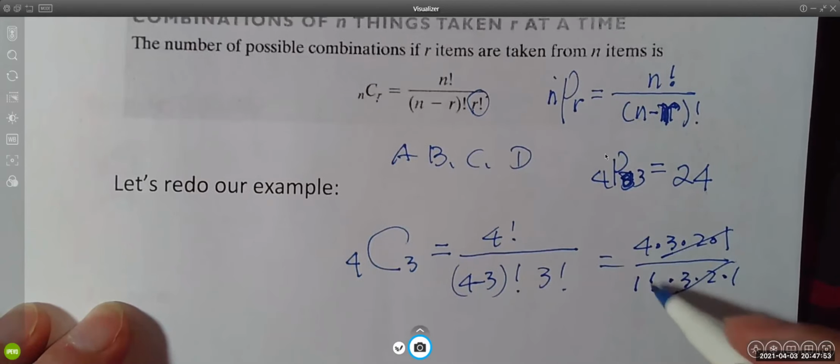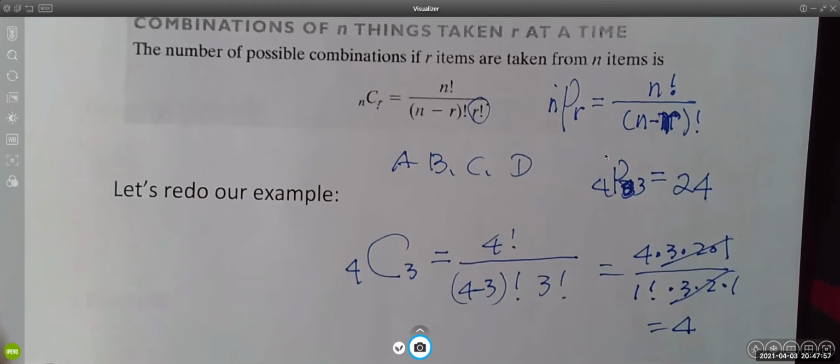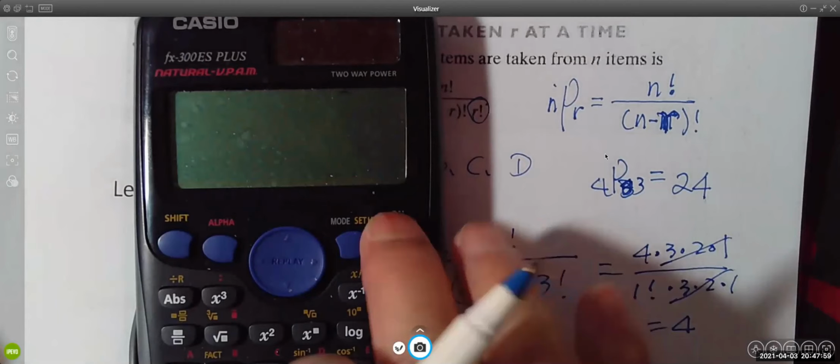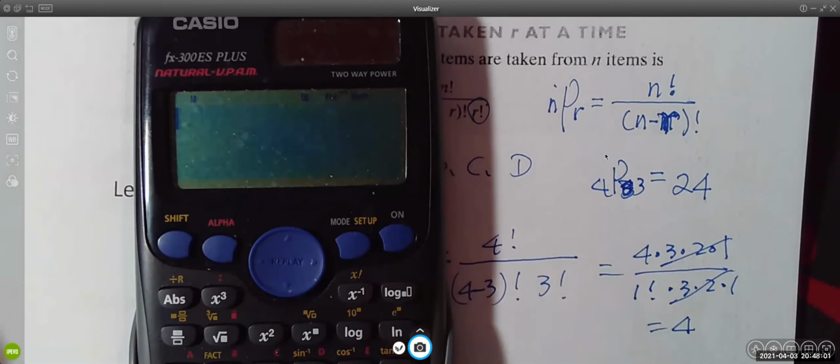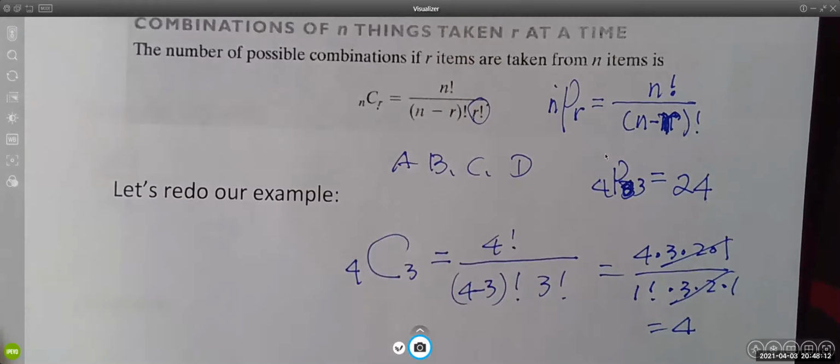Basically 1 times itself. And you get 4. Using a calculator, that's the beautiful part, no matter how big the number, we do it in one step. We select 3 out of 4. Order makes no difference. That's a combination. The result is 4. But understanding what situation you have is more important than this calculation, because the calculation part is the easiest part.